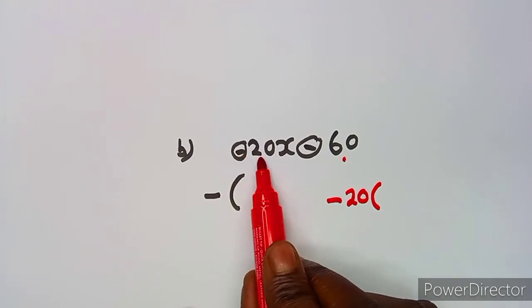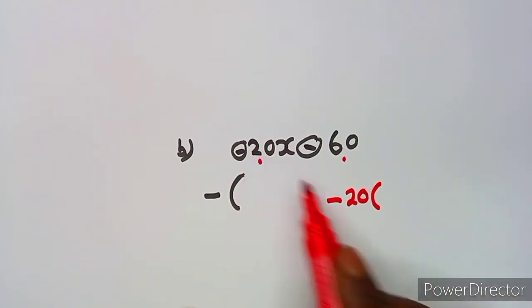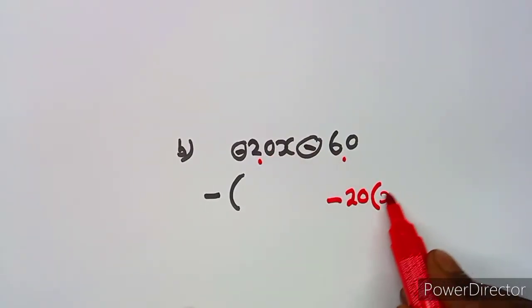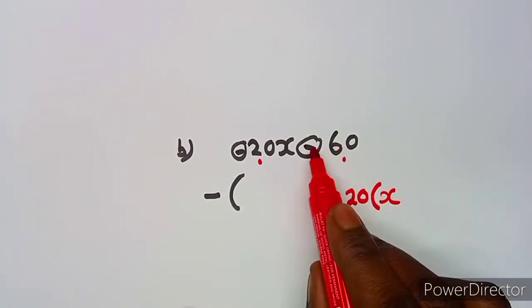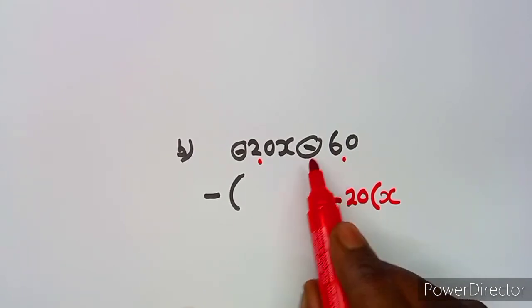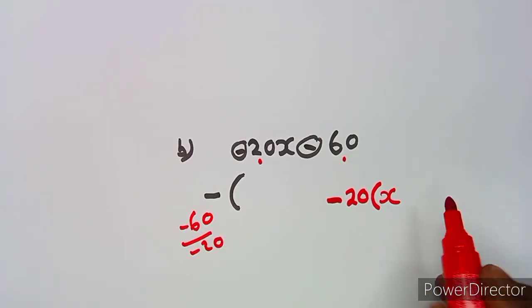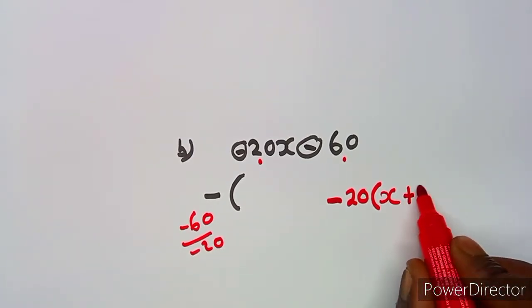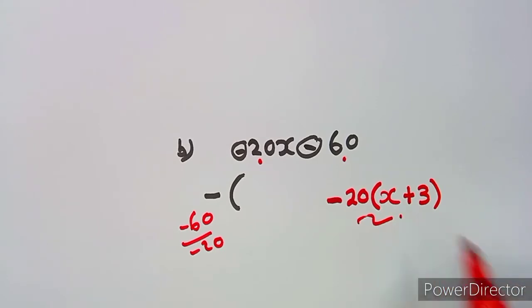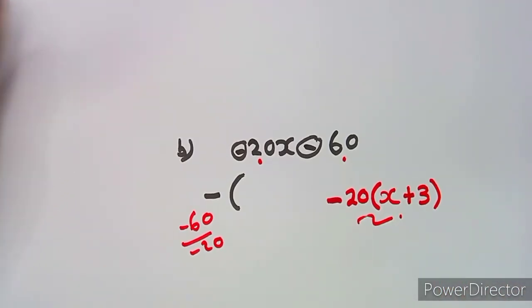So this is negative 20x divided by negative 20, where negative and negative cancel, so you're going to be left with x. Minus 60, remember you divide by the number that you factor out, so it's minus 60 divided by minus 20. From a calculator, you are going to obtain plus 3. So you have factorized.